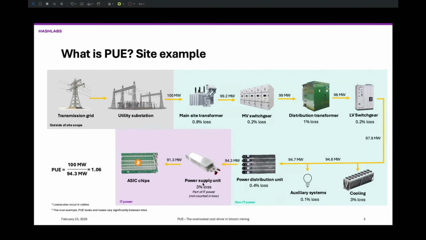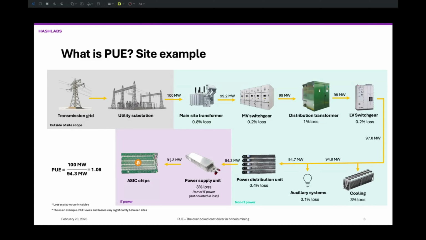And it's important to also realize, I added it to our example here, that the power supply unit also has quite a large power loss. It has, I would say, the largest of all these components here. In our example, we use 3%. That is a part of the IT power, so it's not really a loss, but it's still power that is not coming into the chips.